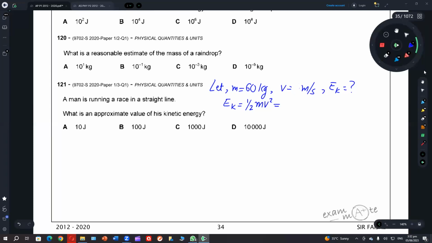We can go up, first try up to 5. $750. Now it's very close to C.